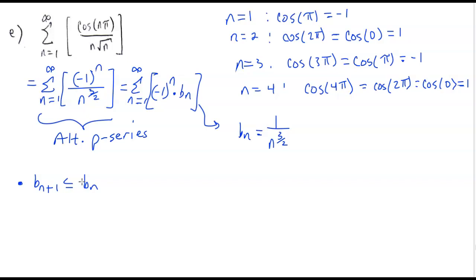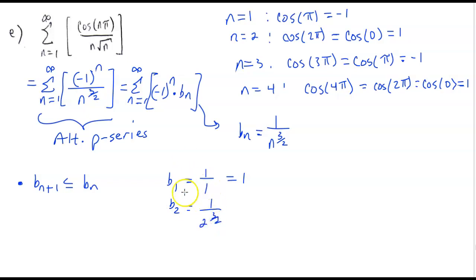In this particular case, if we plug in 1 here, b1 is going to be 1 divided by 1, which is 1. If I plug in a 2, this is going to be 1 divided by 2 raised to the 3/2.